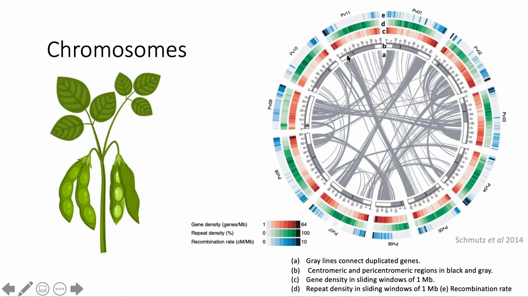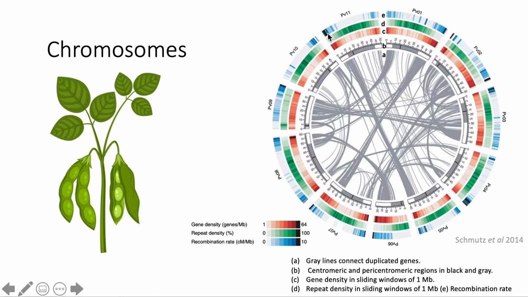So that region is less active than the regions in the arms. That is why in the arms there are more genes and more recombinations, and those recombinations are very important, and we're going to discuss that later.